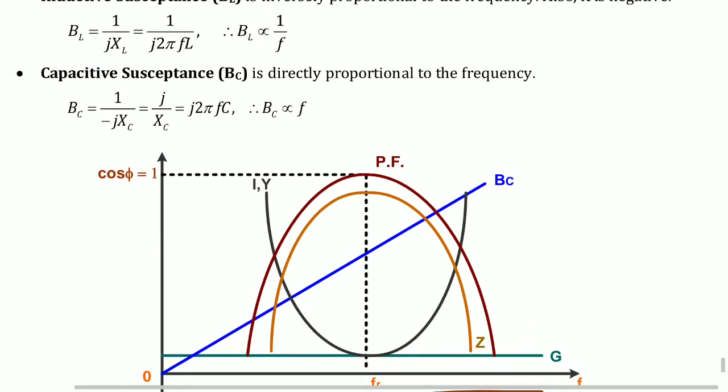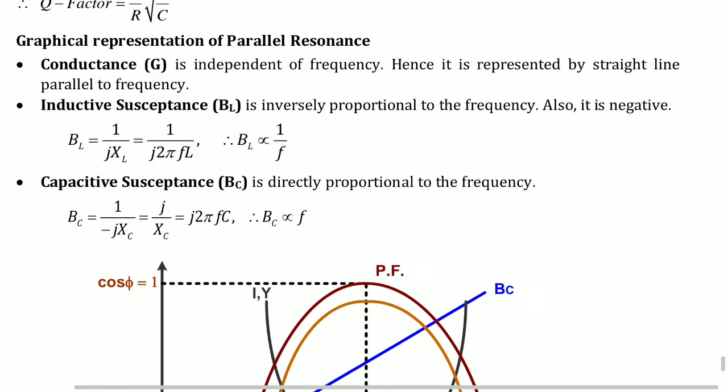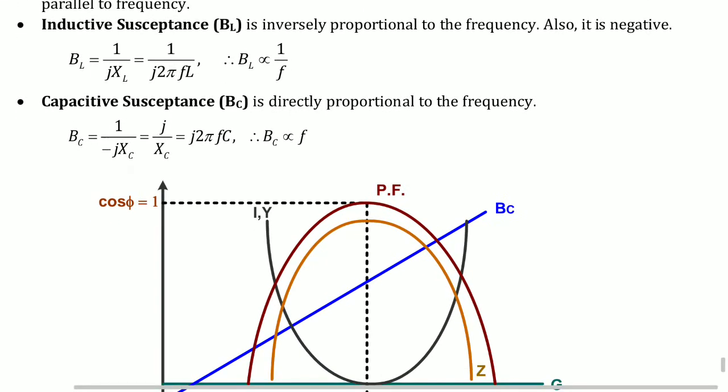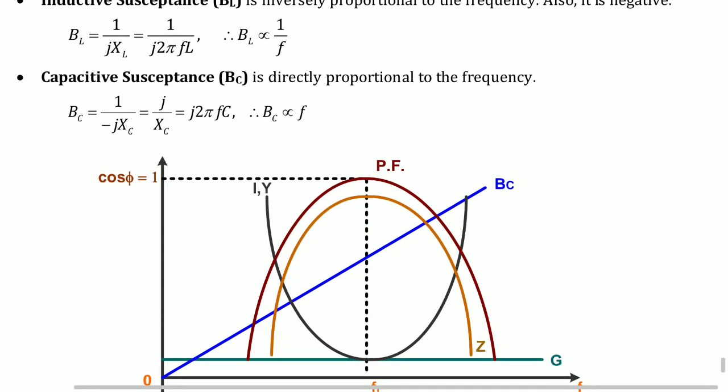After that, now go for capacitive susceptance. Here it is directly proportional to the frequency. BC is equal to 1 by minus jXC, which they wrote as j by XC. That is nothing but j2 pi fC. So the capacitive susceptance BC is directly proportional to the frequency.